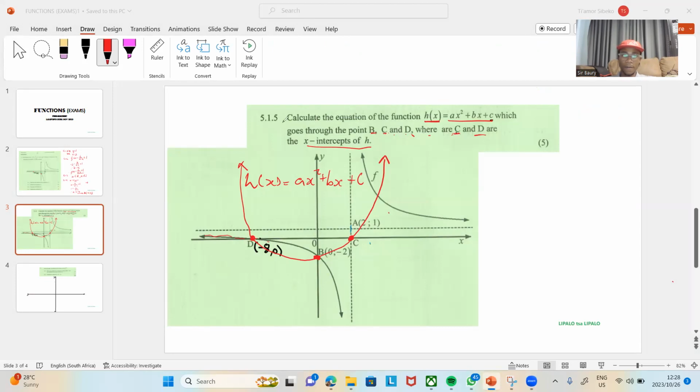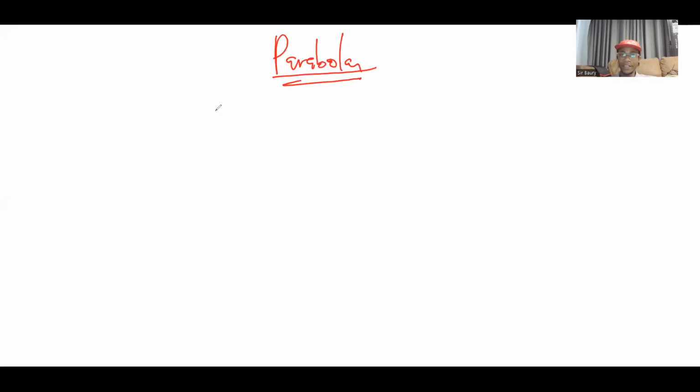So if you are given intercepts and a point, use this equation.